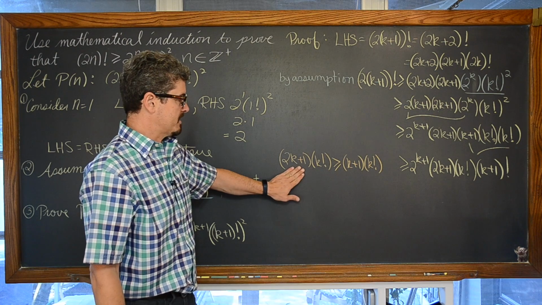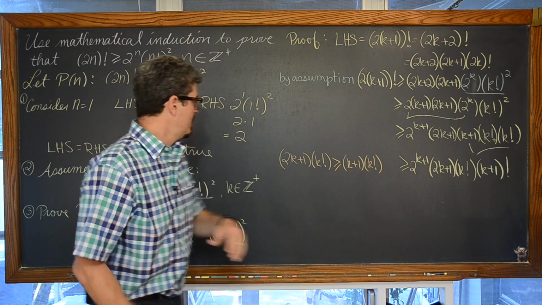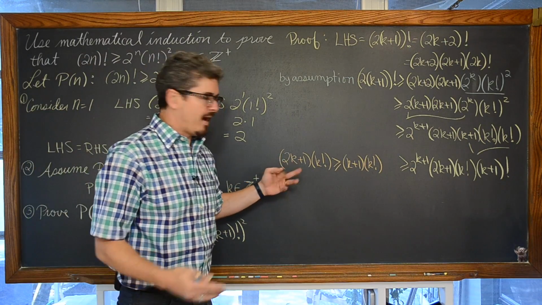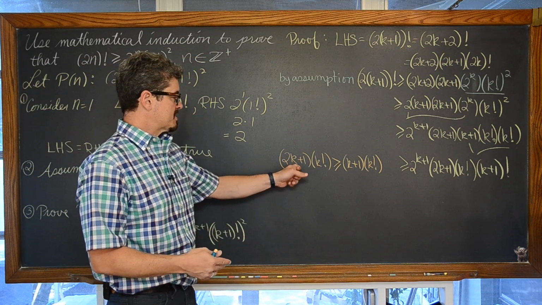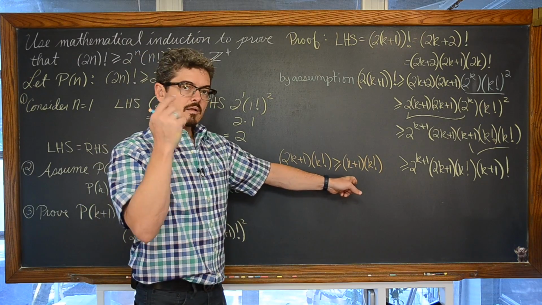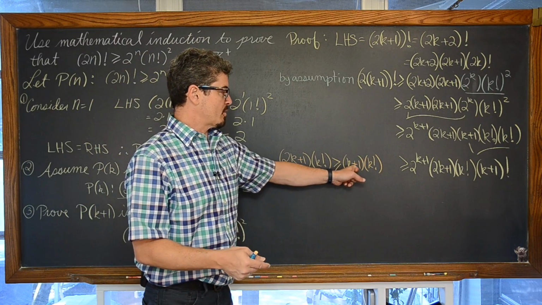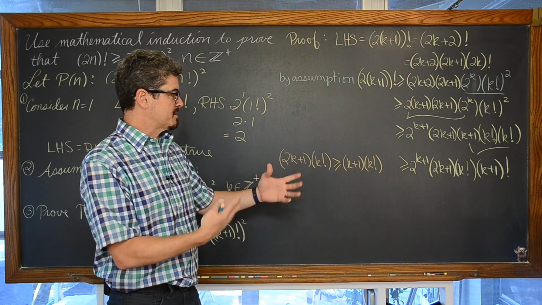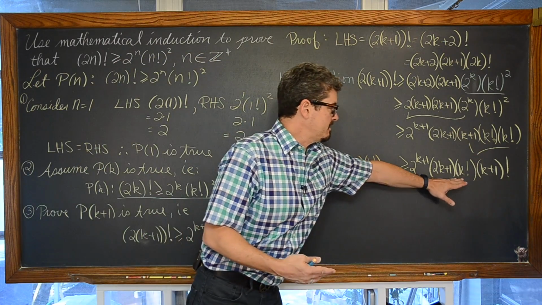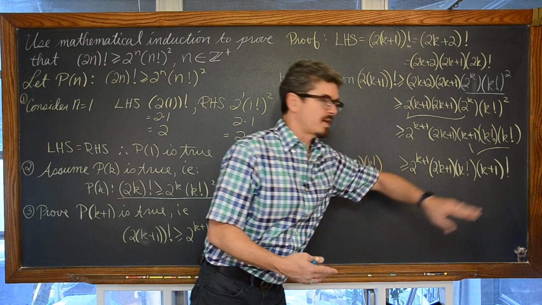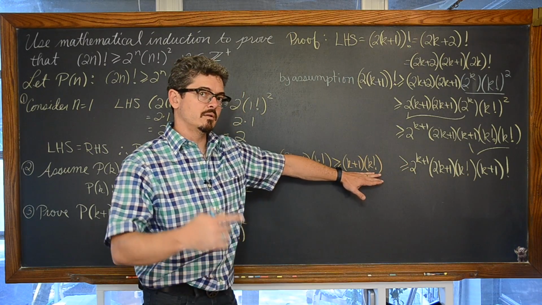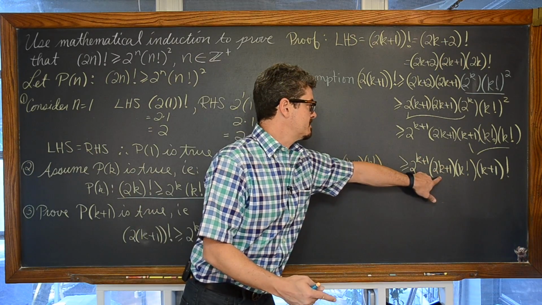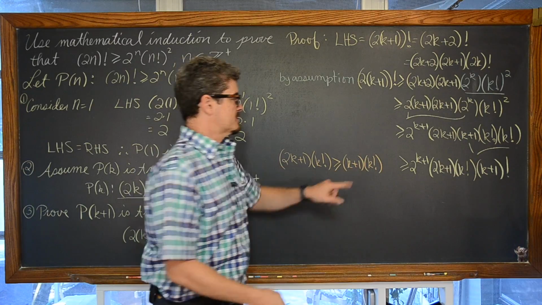How do we know that this first factor is bigger than this first factor? Because k is a positive integer. It can't possibly be negative. So 2 times some positive number plus 1 compared to just simply that positive number plus 1, this is going to be larger. So I'm going to take this out, this (2k+1) times k factorial, and replace it with (k+1) k factorial, not because they're equal, but because this is bigger than this.